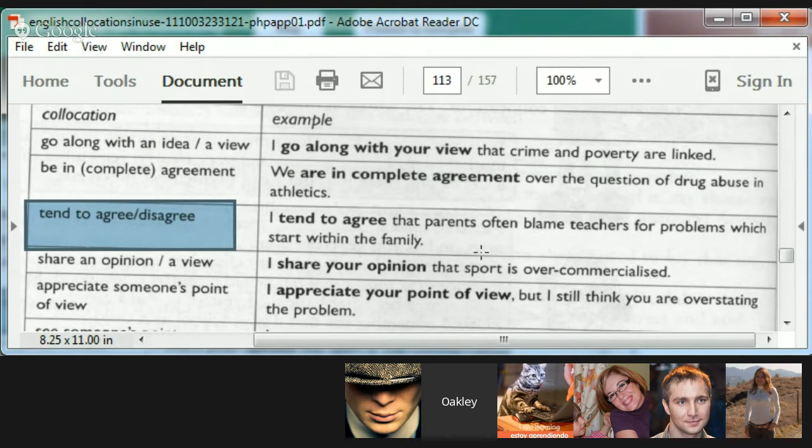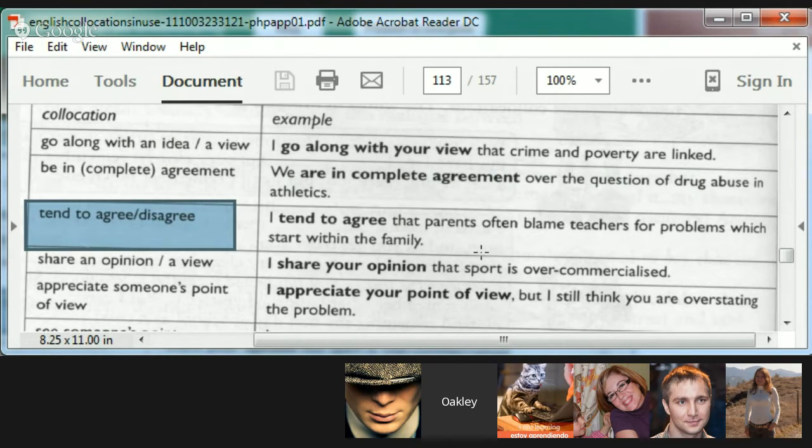Well, not exactly. I tend to agree. If something tends to happen, it happens most of the time. So what you're really saying, if you tend to agree or disagree, it means that usually in most situations you agree, but maybe there are some situations where you would disagree.